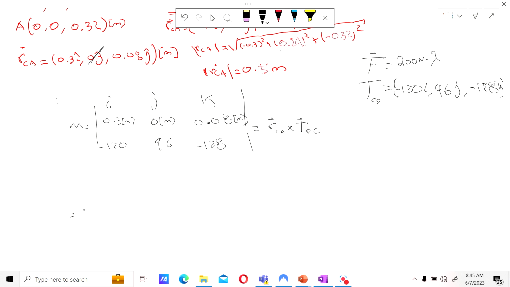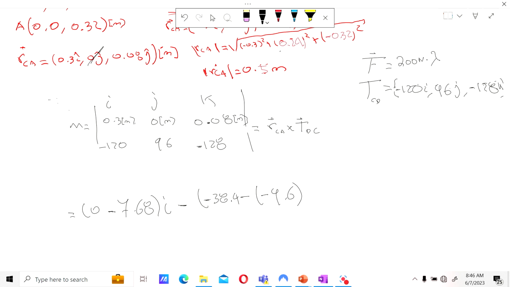All right, so that will mean that we have here, so 0 minus 0.08 times 96, 7.68, minus 7.68 in I. Minus, cancel that and cancel that, 0.3 times negative 128, negative 38.4, minus 0.08 times negative 120, 9.6.